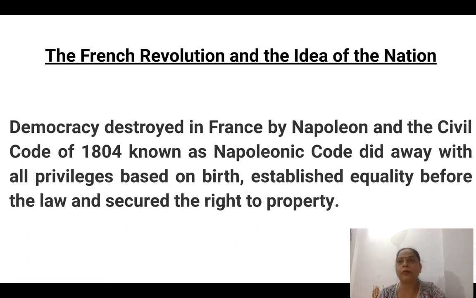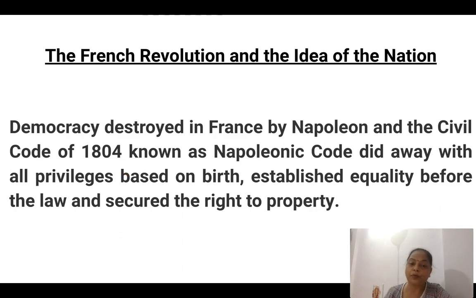Rather, whatever he wanted to do, he was establishing that way. So it was felt that after the declaration of the Napoleonic Code, what was the Napoleonic Code? What changes Napoleon wanted to bring out, he introduced through the Napoleonic Civil Code of 1804. Whatever he wanted to do, he was doing.